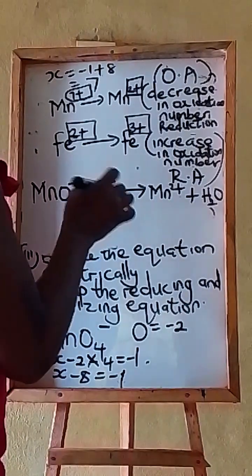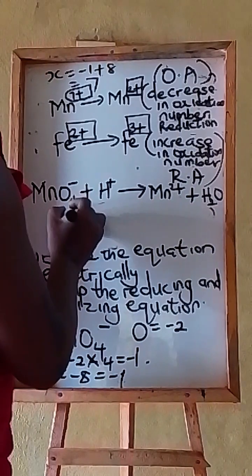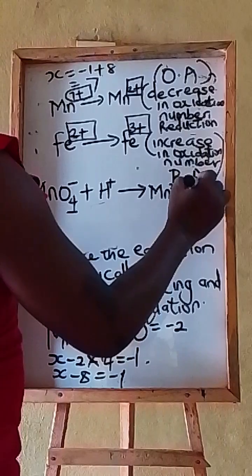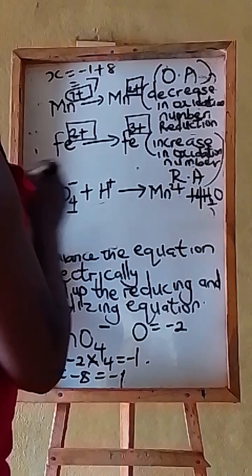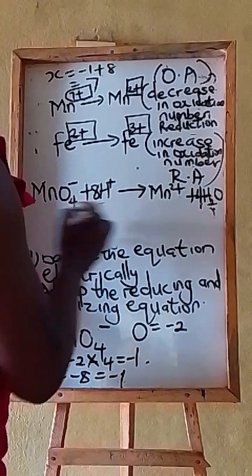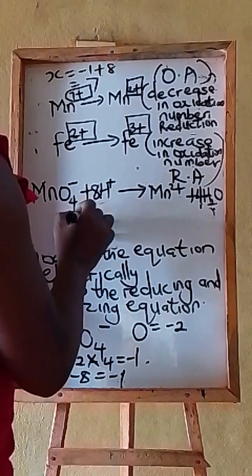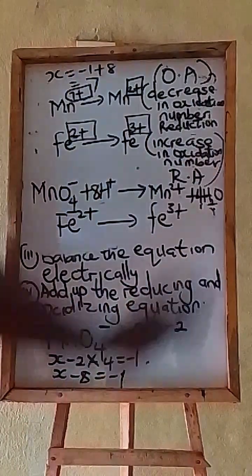So here this is 4, you balance here 4. So 4 times 2 will give us 8. Fe2+ to give us Fe3+ is on its own.